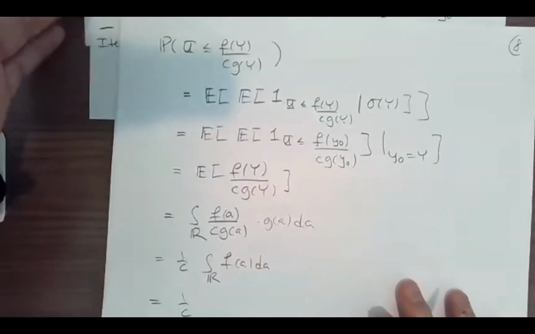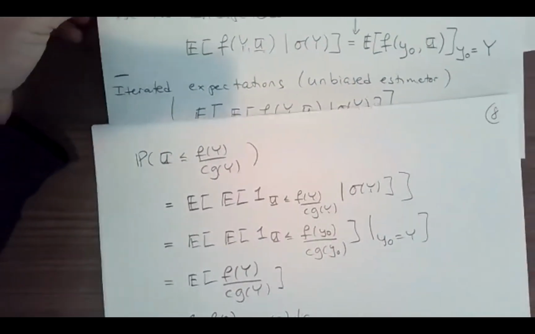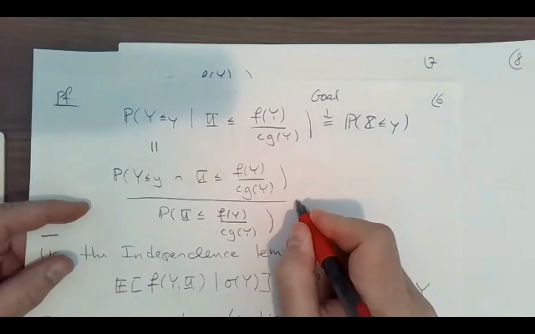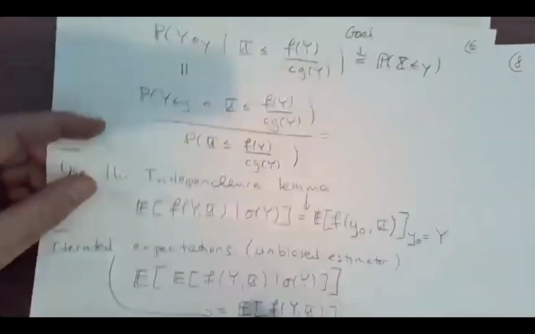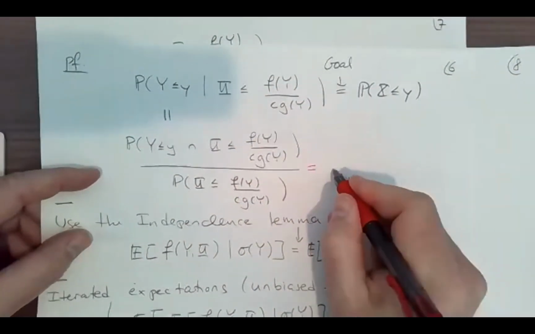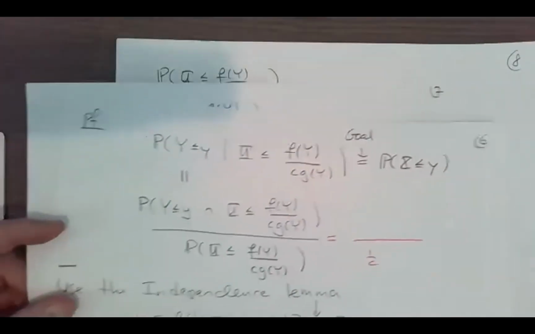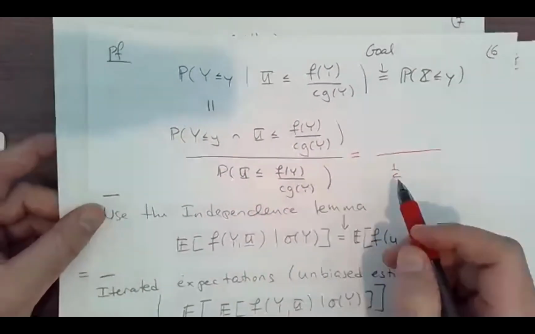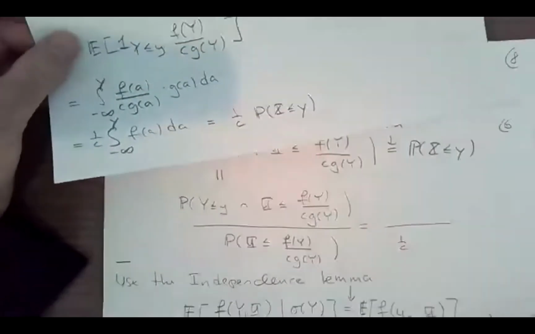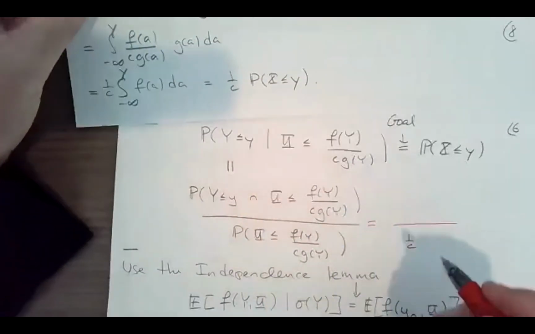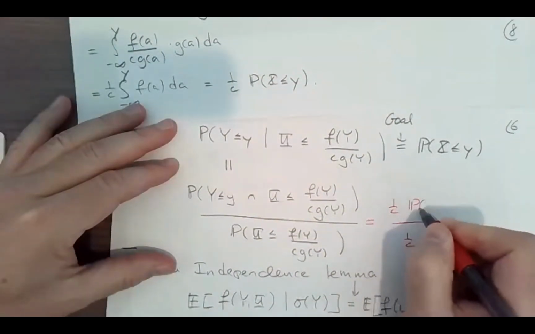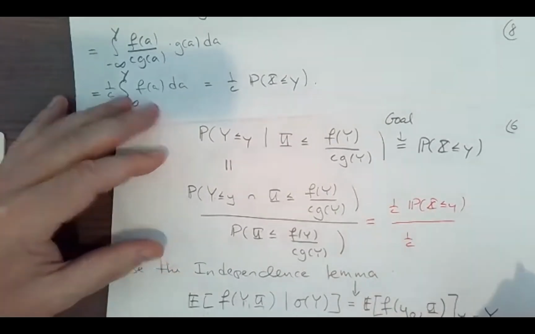And now we can combine the two expressions. Right, so I now have calculated what this thing here is equal to. What was downstairs was 1 over c. What was upstairs, that was what we just did, what we had on the previous slide, 1 over c times p of x less than y.